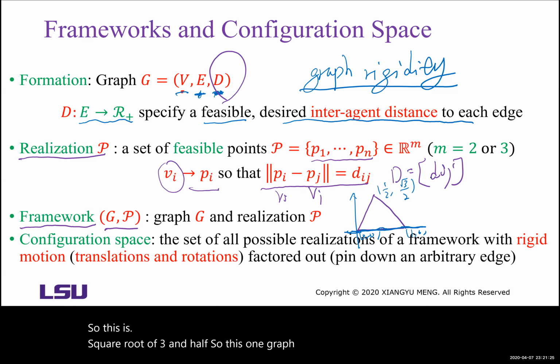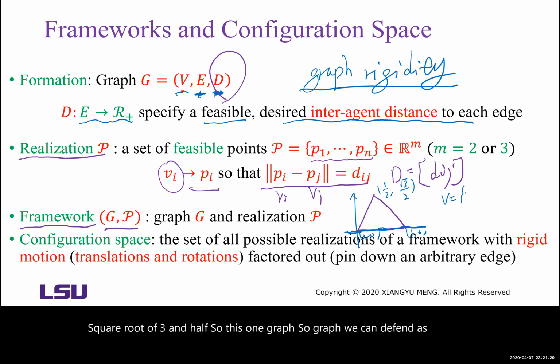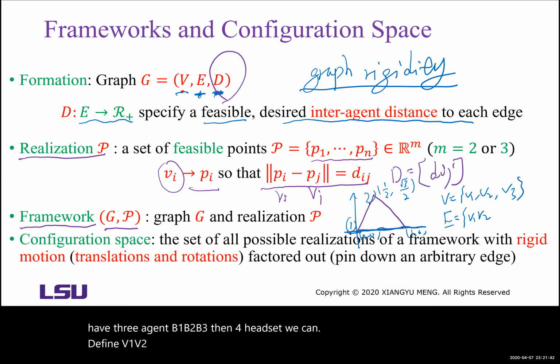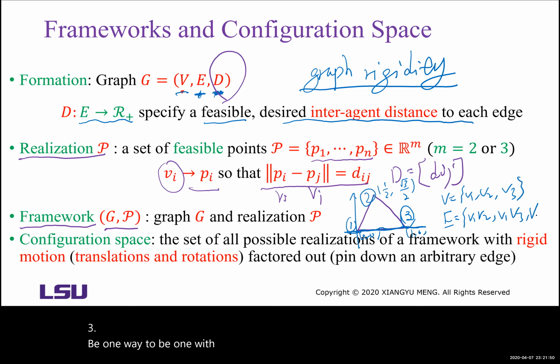So we can define the graph as V, we have 3 agents, V1, V2, V3. Then for the edge set, we can define V1V2, V1V3, and V2V3.